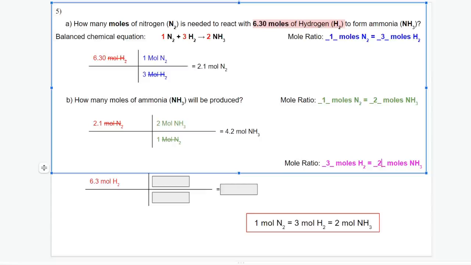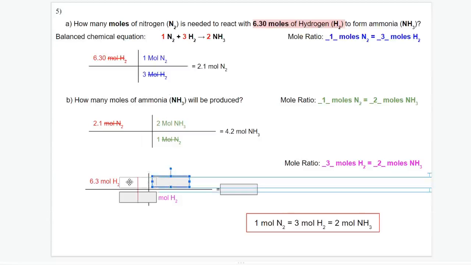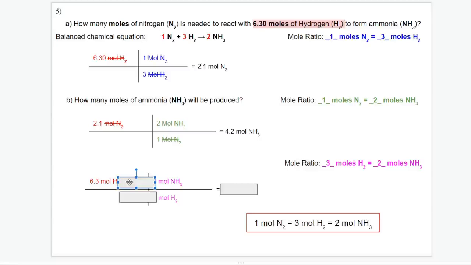This time, since I'm starting with moles of hydrogen, I want to divide by moles of hydrogen. I'm still looking for the same final answer, which is moles of ammonia. So moles of ammonia goes on top. Then I'm just going to take the numbers from my equivalency statement, 2 moles of my ammonia and 3 moles of H2.